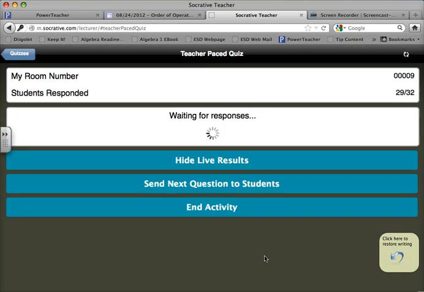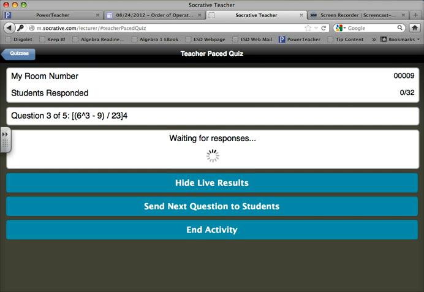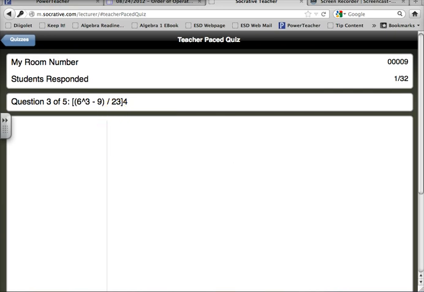Check this one out. This slash here means divide. That's how we use it in the computer.